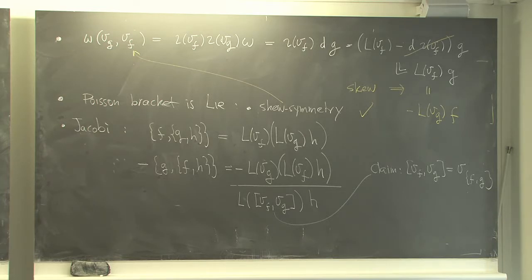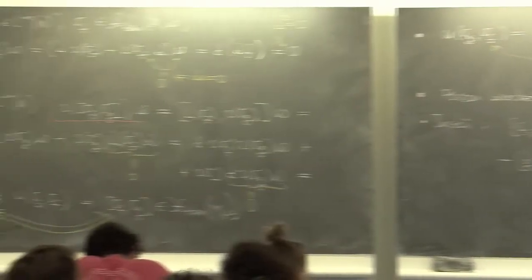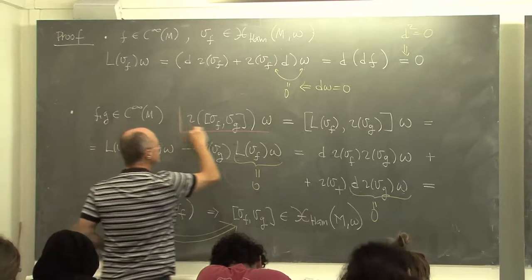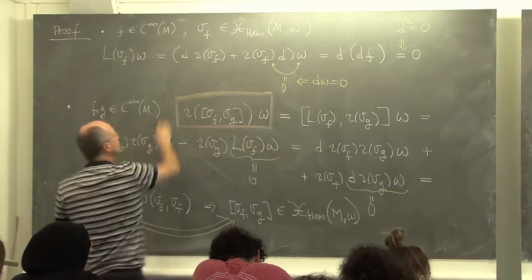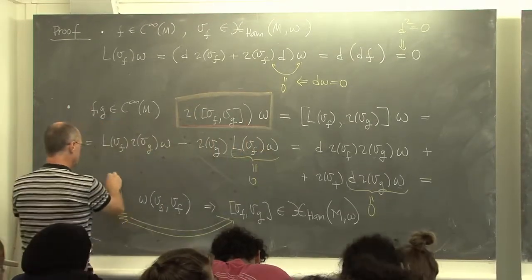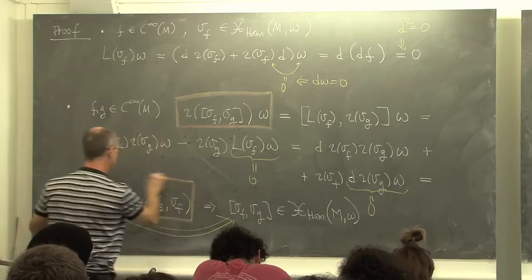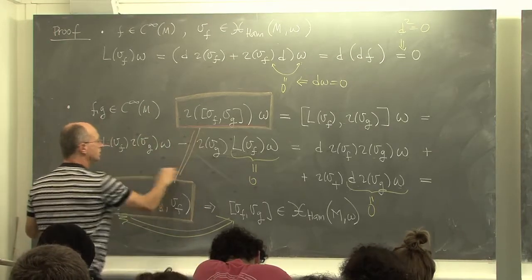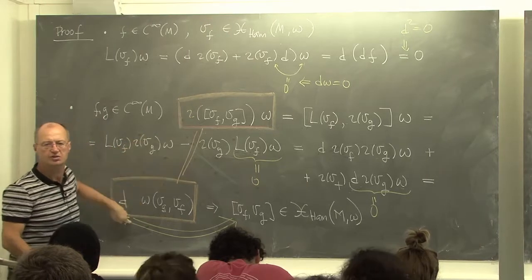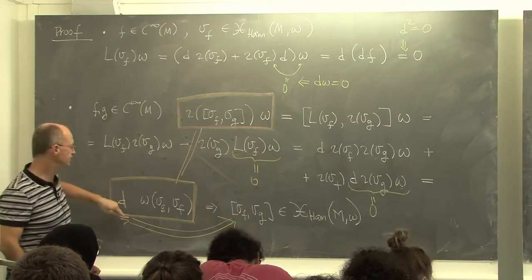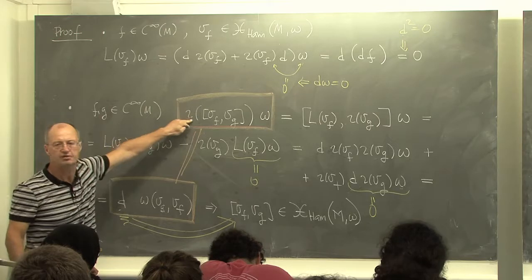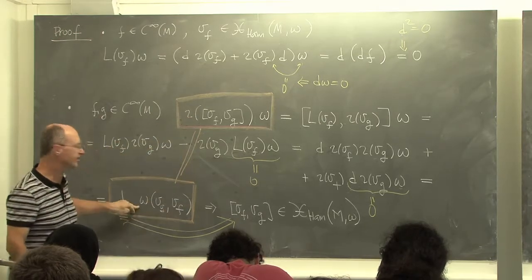So why is it true? Probably not very visible. This is true because this is equal to this, and this is just a definition. So you take this function.